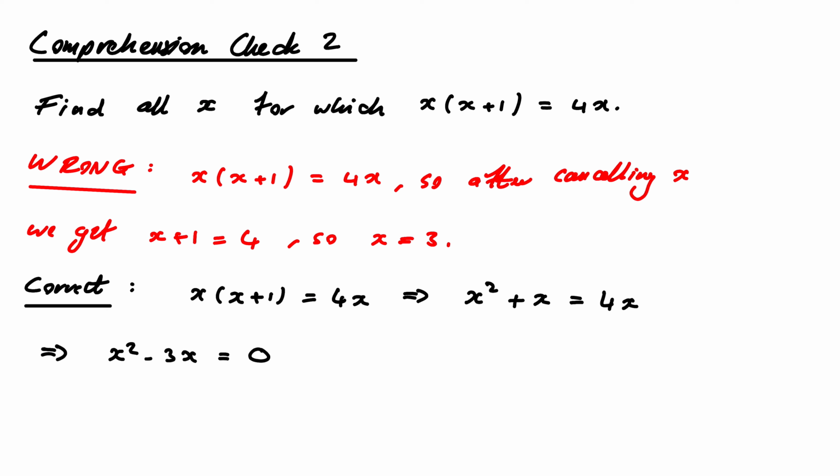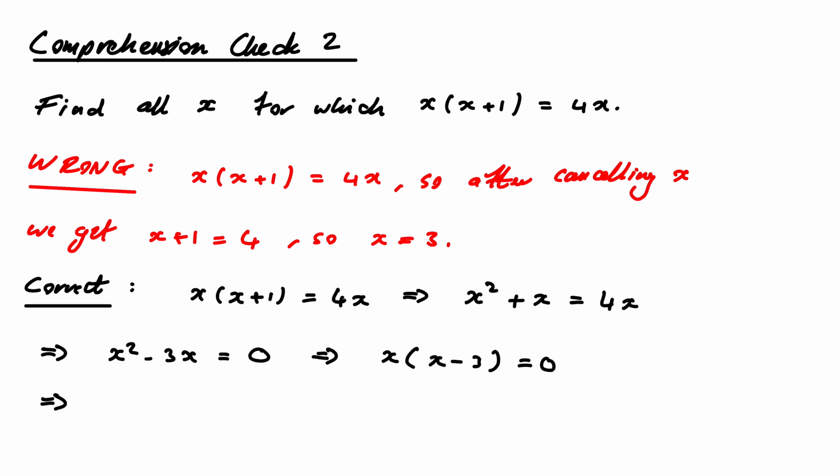And now I can pull off a similar trick as I did in the exercise we've just seen, in that I can factor out an x here, and that would give me x times x minus 3 is equal to 0. So this now is a product of two different things. The only way it can be equal to 0 is if either one is 0 or the other is 0.